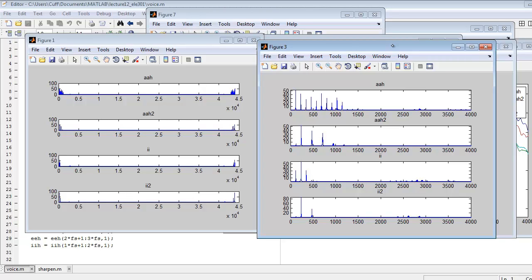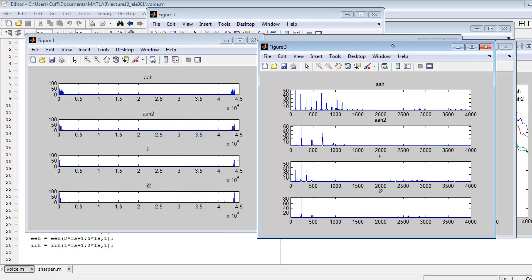But then the shape you put your mouth in is going to cause an impulse response of the throat and mouth, which means there's a frequency response of the throat and mouth that is going to shape how large these harmonics are. So you really have a product going on here.